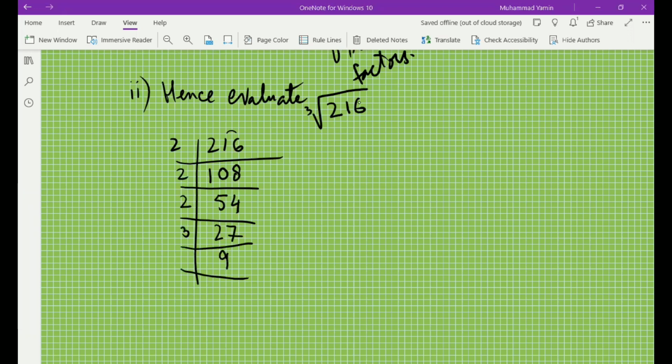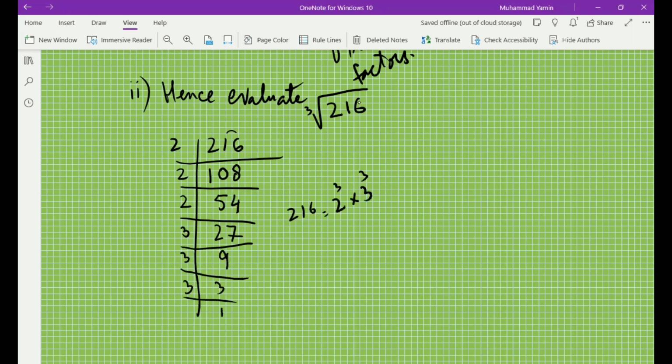Again, 3 3s are 9. And again, 3 1s are 3. So the product of prime factors for 216 will be 2 cubed into 3 cubed. Okay, this is the prime factorization.